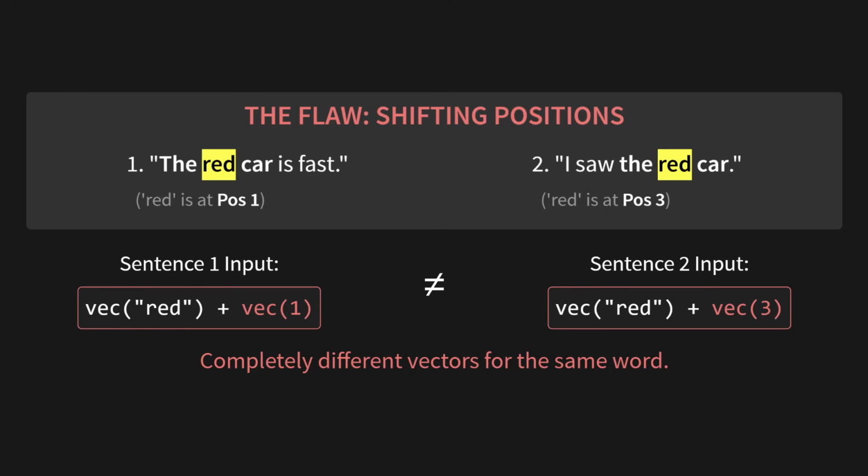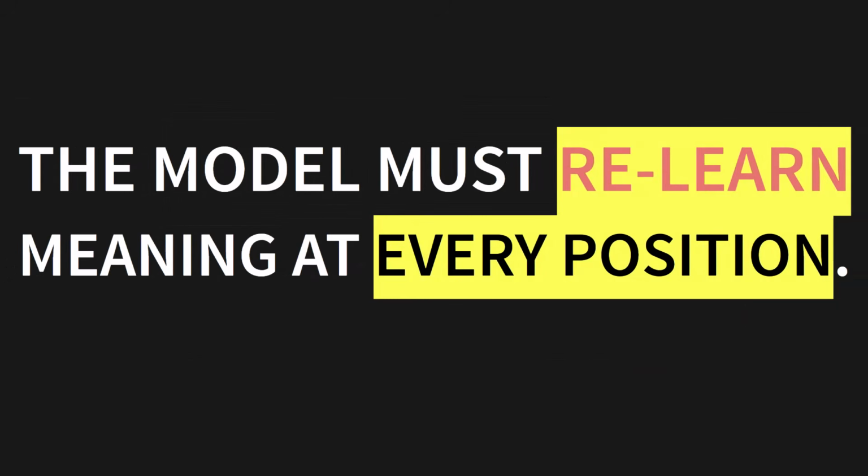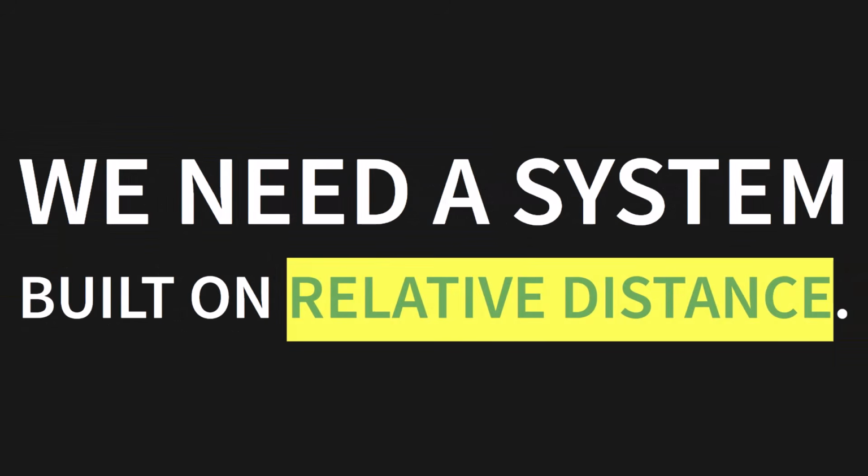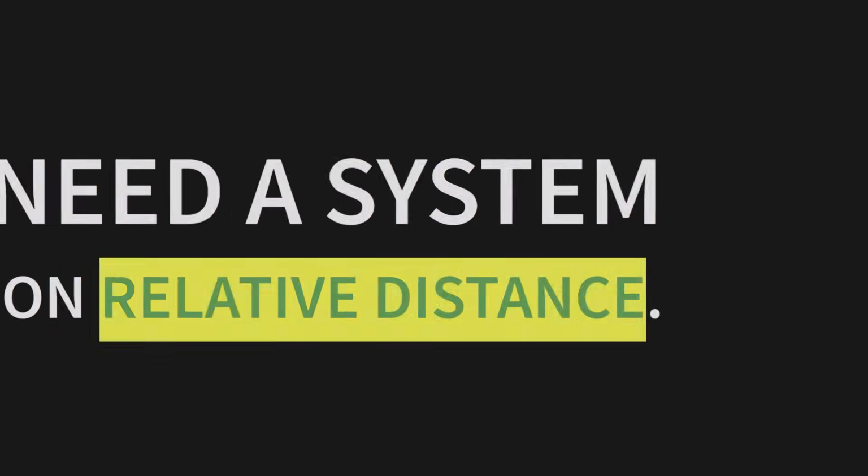The model sees two totally unrelated inputs, even though the core meaning of red hasn't changed at all. So what does this mean in practice? It means the model has to relearn the meaning of a word and its relationship to other words at every single position. It's massively inefficient. Clearly, this is not the way. We need a system that's built from the ground up on relative distance.